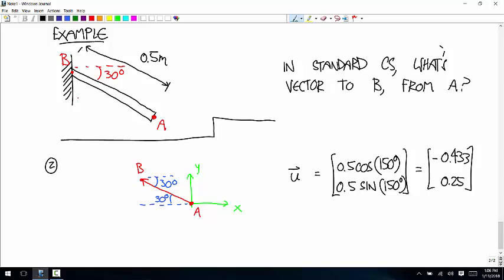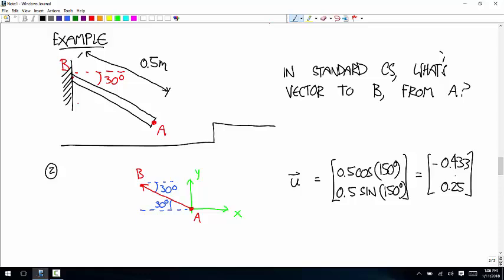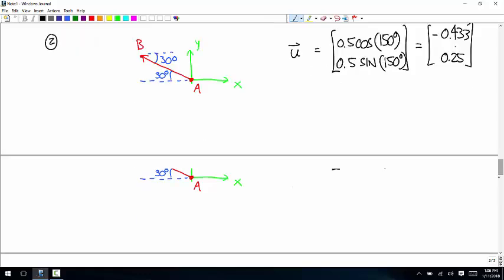Any questions about that? Okay, so let's do another example. That was an example where it made more sense to use that second way of thinking about it. We didn't already have the coordinates.